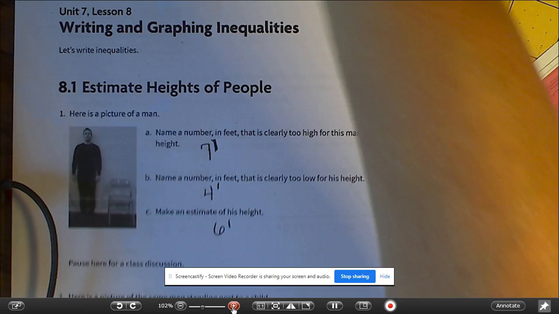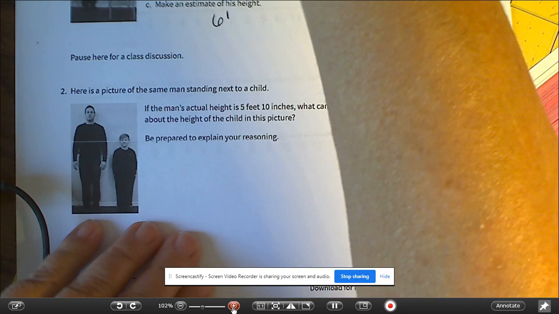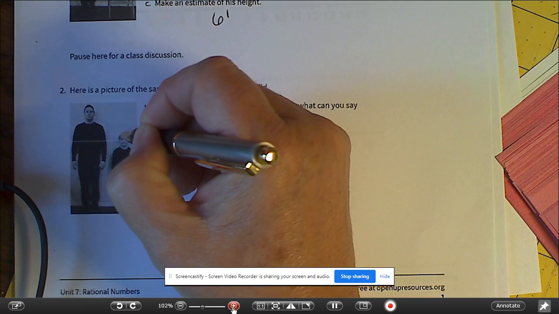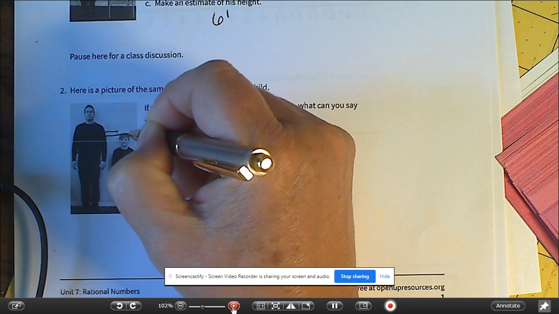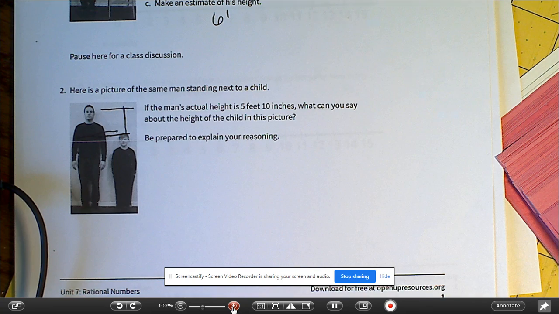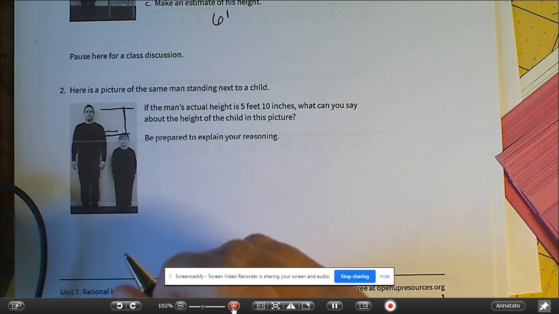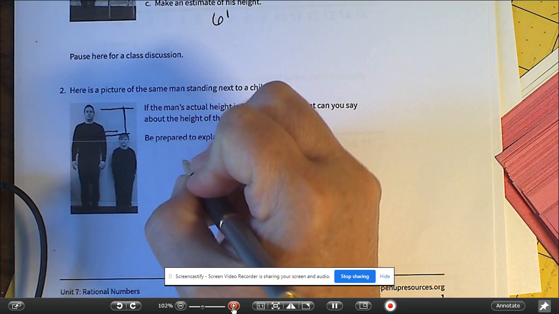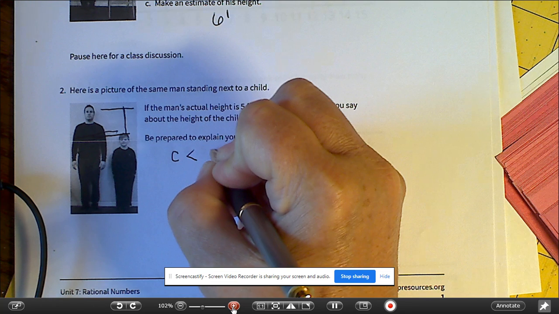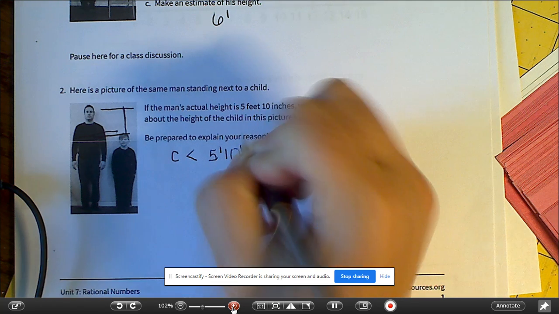Okay, so here is the same man standing next to a child. If the man's, oh, I was pretty close. If his actual height was 5 feet 10 inches, what can you say about the height of the child in this picture? So if I'm looking at this, well, I can say for sure that the child is less than 5 foot 10 inches, right?